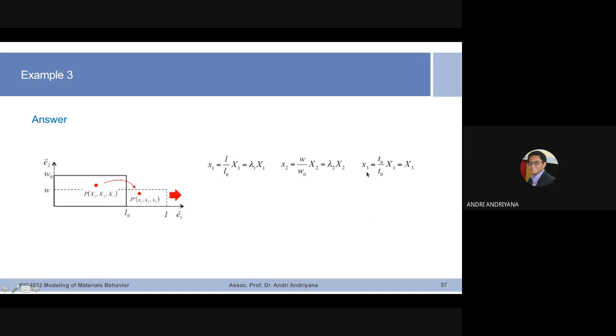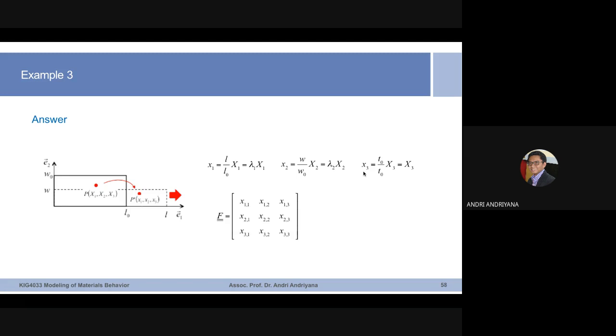We do the same thing for small x3, which is T over T0. Why? Because T equals T0, so it is 1. Which means that small x3 is simply equal to capital X3. So we now know the expressions of x1, x2, and x3. Then by using the definition of the gradient, we can identify the components of the deformation gradient tensor in this way.